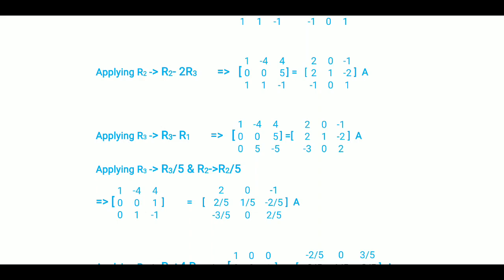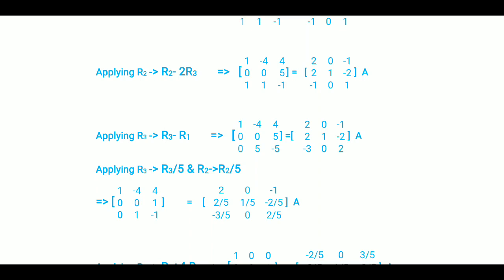These are the elements of R3. R1 and R2 remain same, and on the right hand side minus 1 minus 2 is minus 3, 0 minus 0 is 0, 2 minus minus 1, that is 3... 1 minus minus 1, that is 2, into A. R1 and R2 remain same.